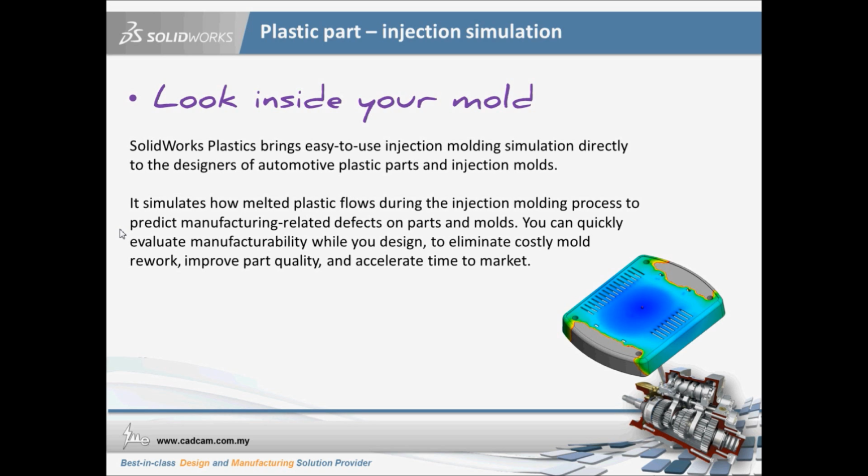Okay? It will simulate how melted plastic flows during the injection molding process to predict manufacturing-related defects on parts and the mold, and from here you can quickly evaluate the manufacturability of your design to eliminate costly mold rework. And for your information, if you make changes at an early stage, especially for plastic parts, you can save a lot of cost.